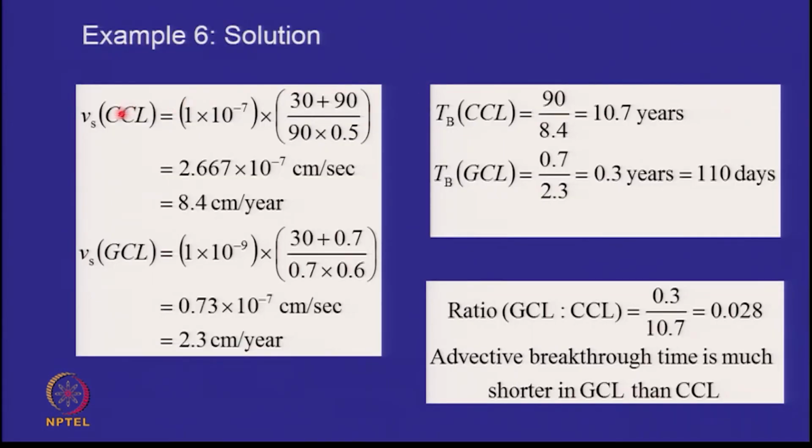So let us first look at CCL. K is 10 to the power of minus 7 centimeters per second, into (30 plus 90) over 90, into 0.5, this is the porosity effect.